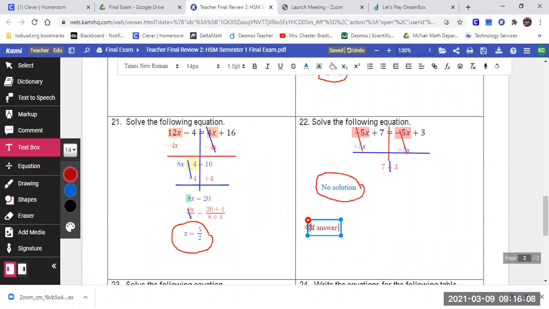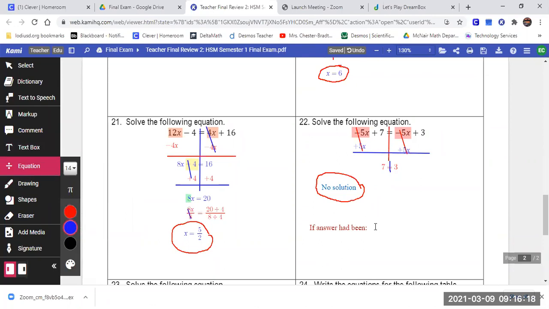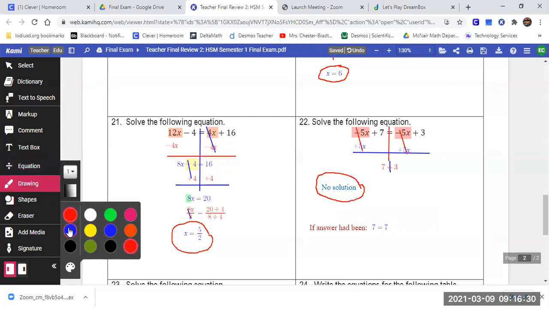If the answer had been something like 7 equals 7, what are we going to put? A slash or a check mark?